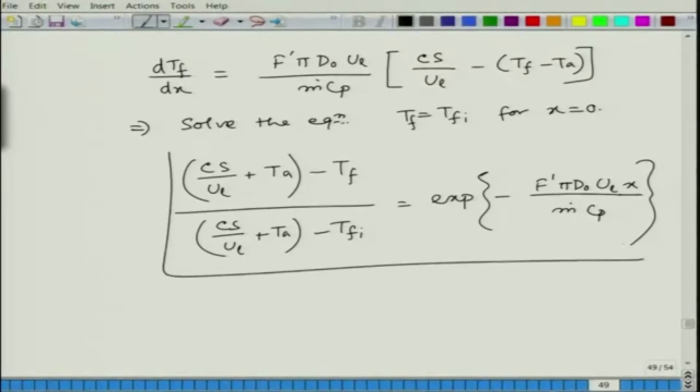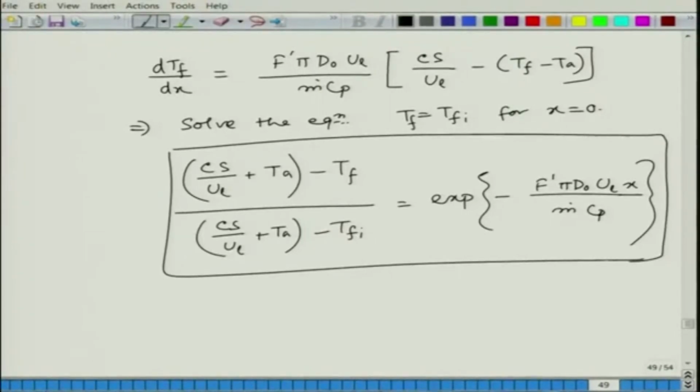Okay. So, this is the solution which will tell you how the fluid temperature will increase from the inlet towards the outlet.